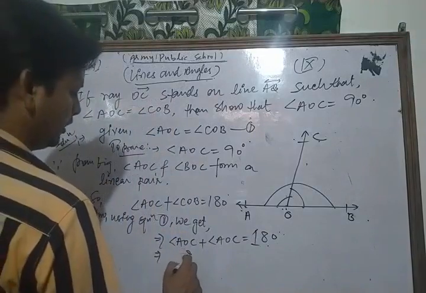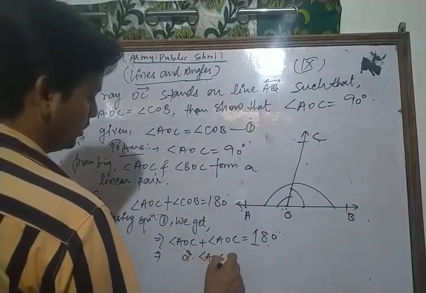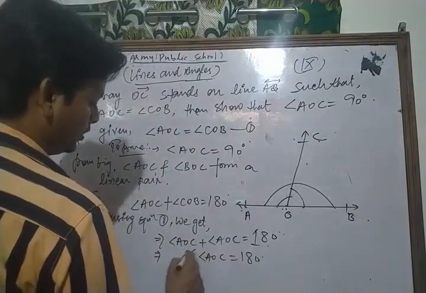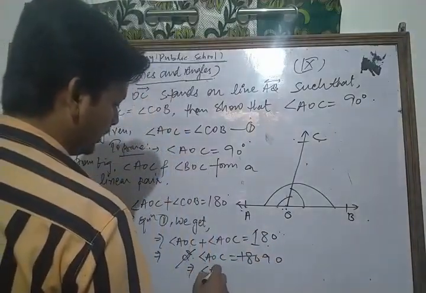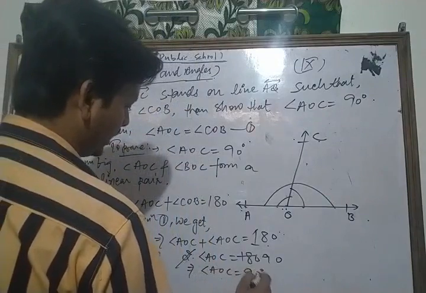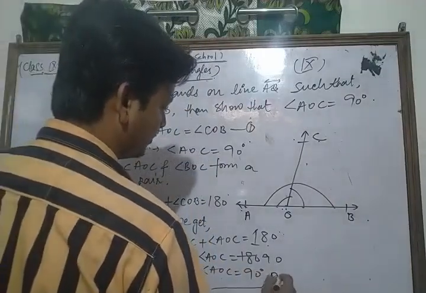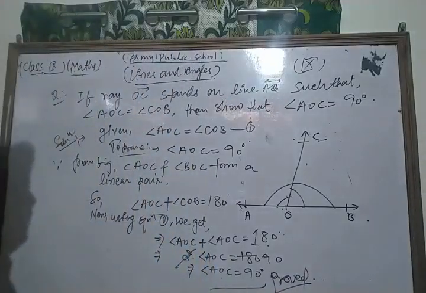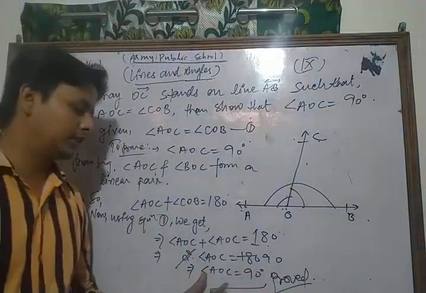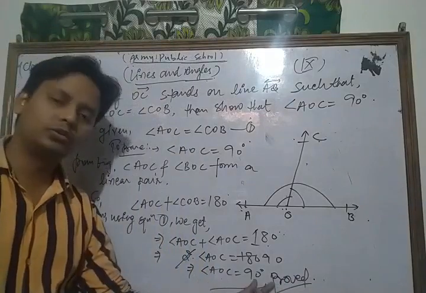That is, 2 times angle AOC is equal to 180. So we get angle AOC is equal to 90 degrees. Hence proved.